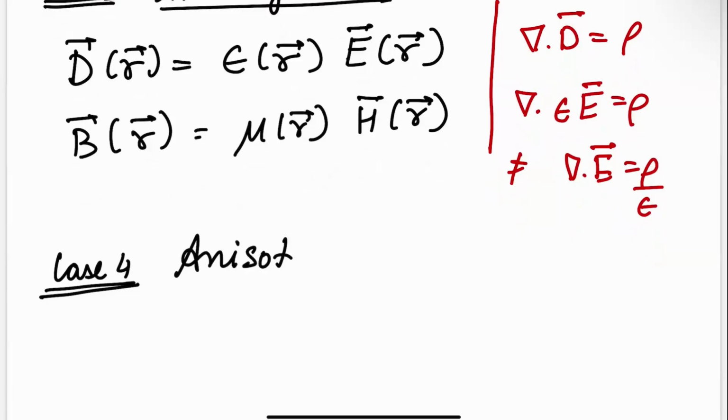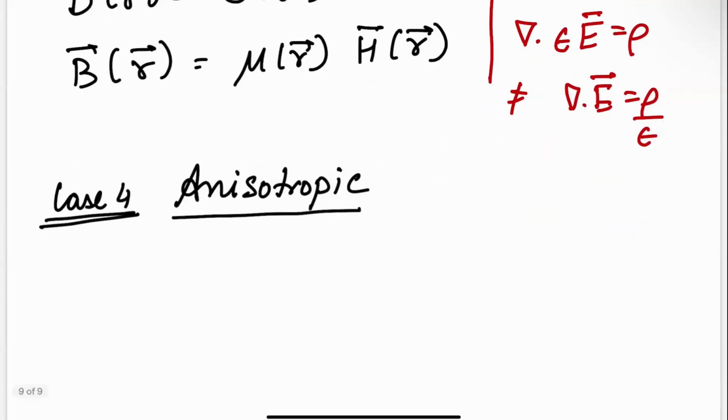It is anisotropic, which means it's not isotropic. So what does that look like? If you go back to the atomic picture again, you have an applied electric field this way, but the polarization vector forms maybe in this direction.